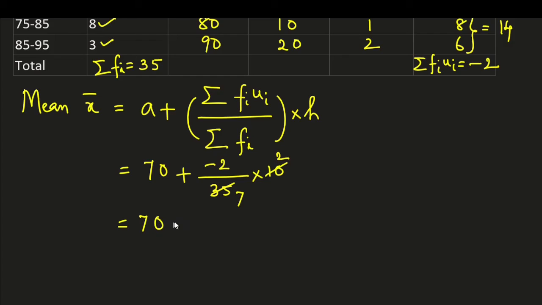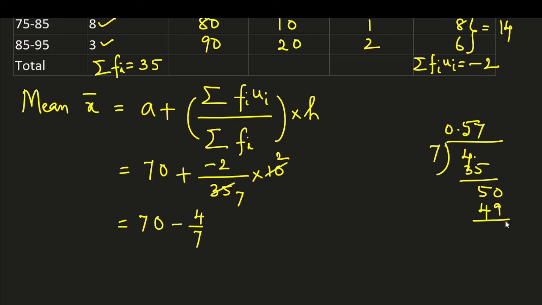So it is 70 minus 4 by 7. 4 by 7, let us divide 4 by 7. We get 0.57. So we can stop it here.